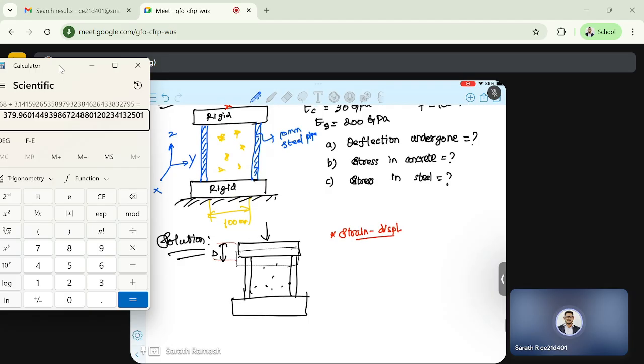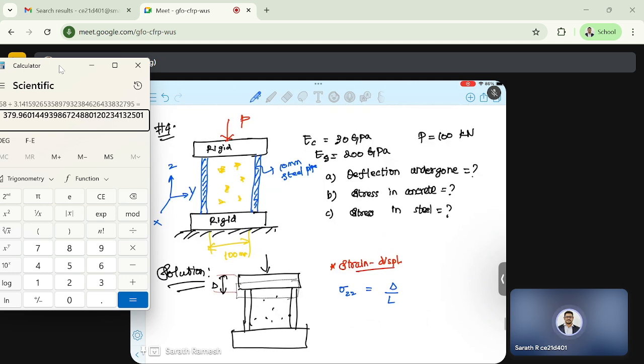Right. So what is epsilon zz? Because all the other stresses are zero, I can directly write epsilon zz equals delta by L. L is the length of the steel plate, here. This also has to be given in the question. Yes, it is given as L equal to 20 centimeter.